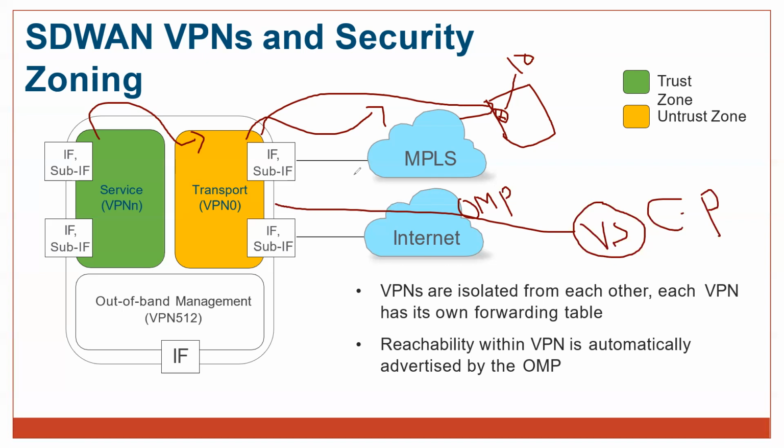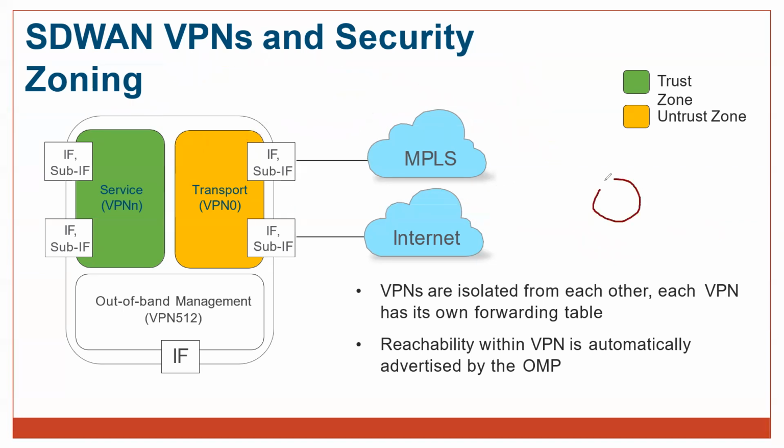Now, if you have two edge devices, they do not have OMP in between them. Edge devices always have an OMP pair with vSmart. So what's the meaning of this? vSmart is your brain.